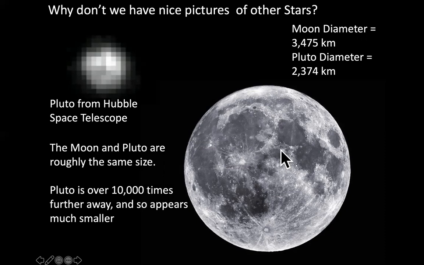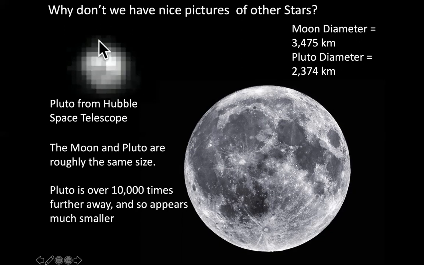These are comparable in size. But Pluto is 10,000 times further away, which means it appears 10,000 times smaller than the moon. So if this was a proper image of the moon, Pluto would be a single pixel on this image. So it's much harder to capture details.